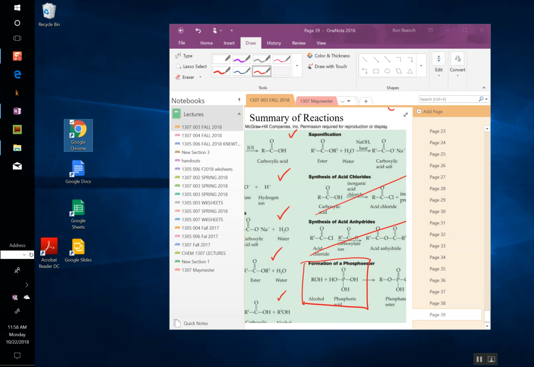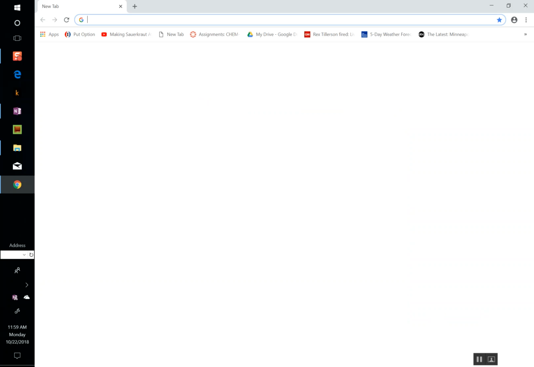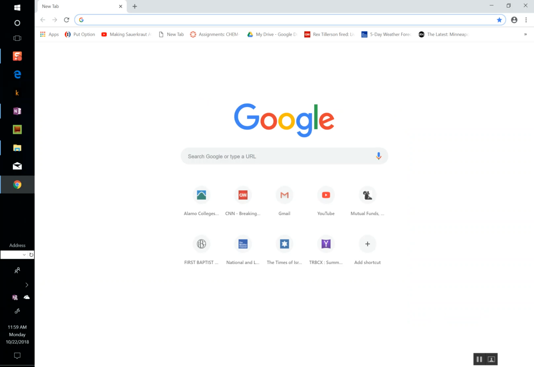This is not cooperating real well. I'm trying to find in Canvas that table, actually it could be chapters 10 through 15, table of the compounds that you need to have 3x5 cards on. Okay, does somebody have that table? Anybody find that table? I don't think my keyboard is letting me type right now.